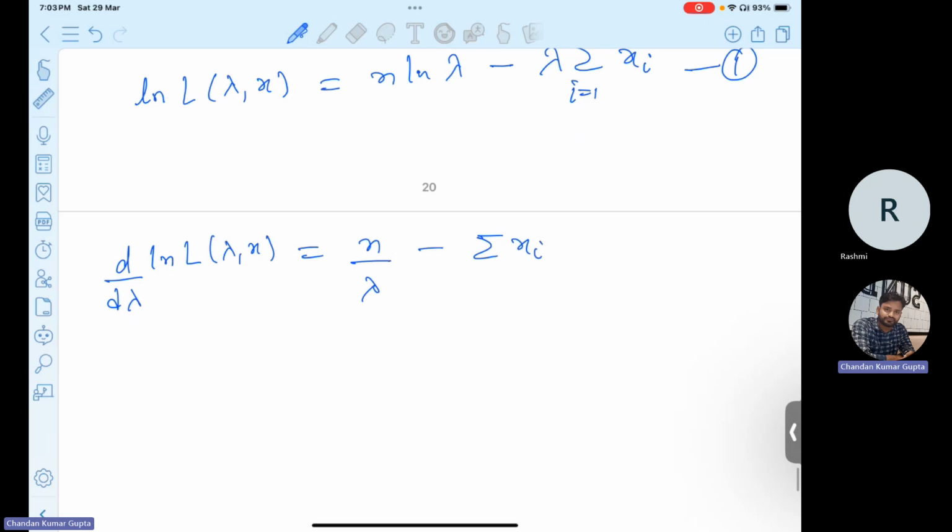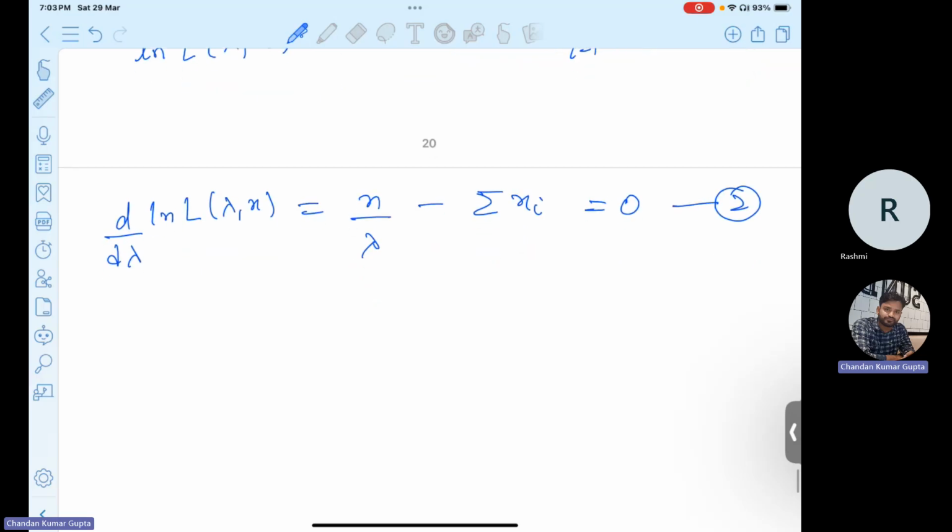Then we equate this derivative of the log likelihood function to 0. This equation 2 is called the likelihood equation. When we differentiate the log likelihood function with respect to the parameter and equate the expression to 0, that equation is called the likelihood equation.